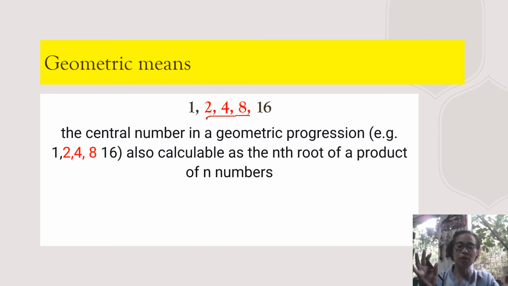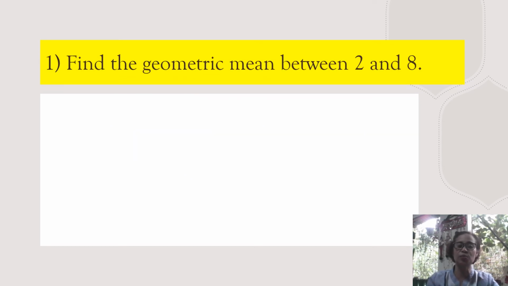Simply, this pertains to the values that are in between the first term and the last term. So we are going to deal only with finite geometric sequences, meaning they stop at the last term. The terms in between are what we call the geometric means. So let us now solve for the geometric mean.